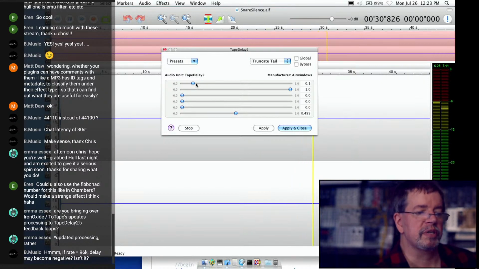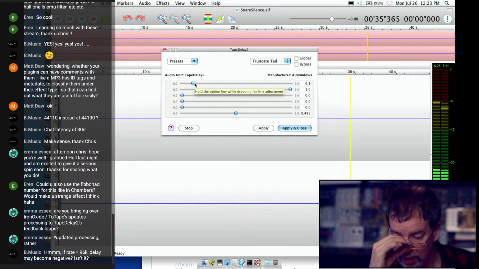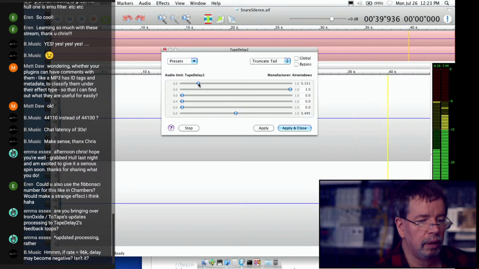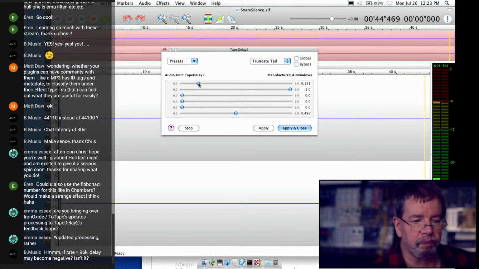Now what happens when we start moving this around, we will take it off of the 1 sample per cycle. We are now moving through that sequence faster.